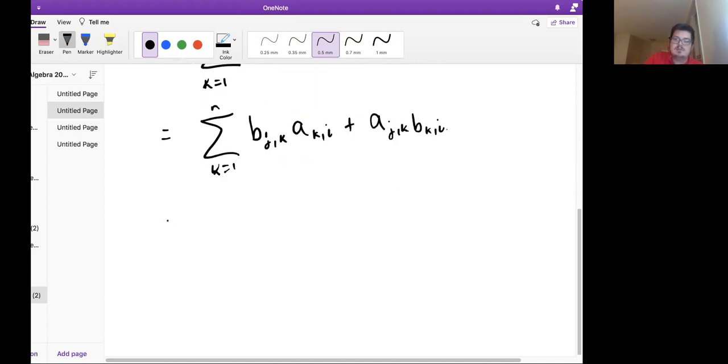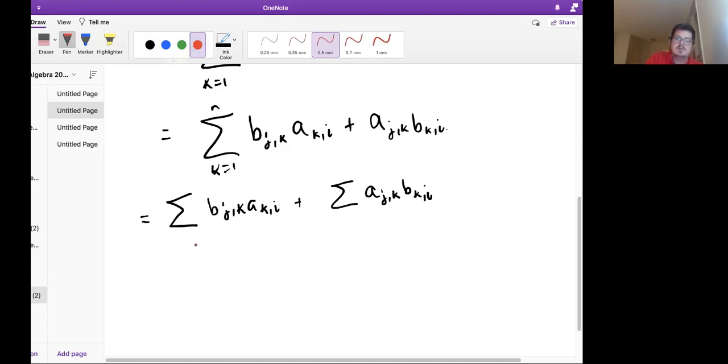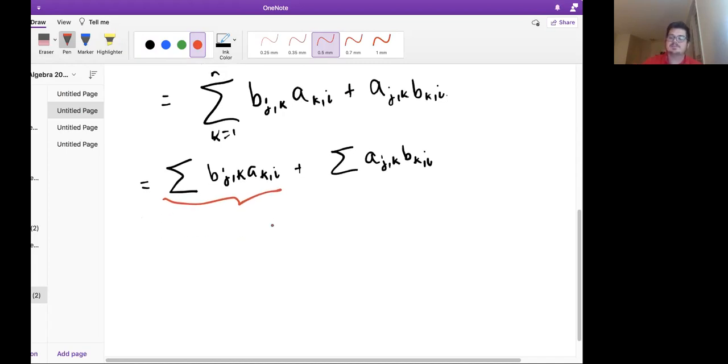And now, what is this? What are these things here? What matrix has these coordinates?